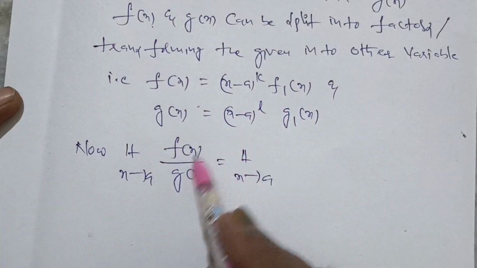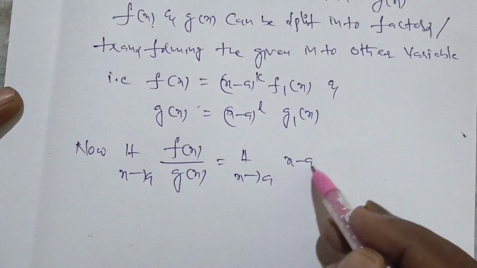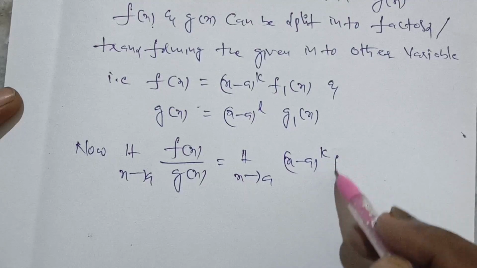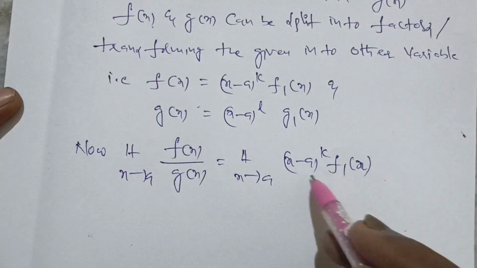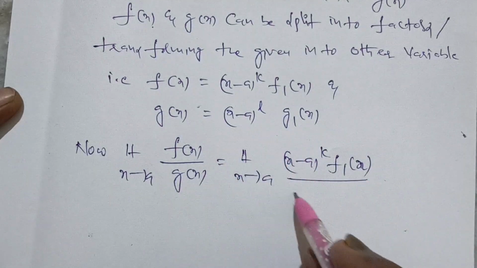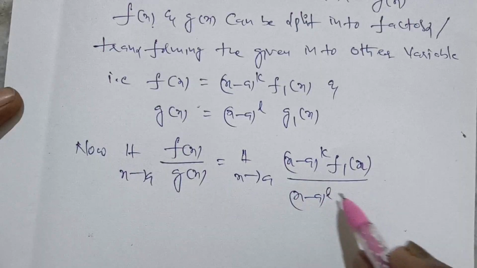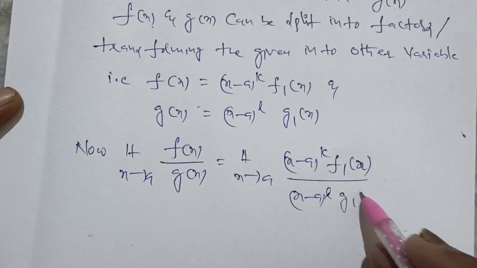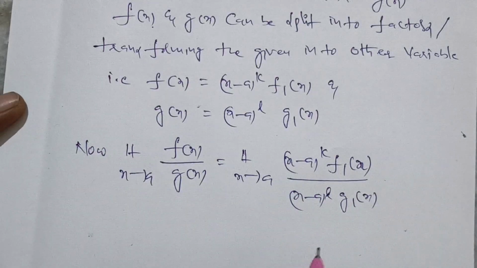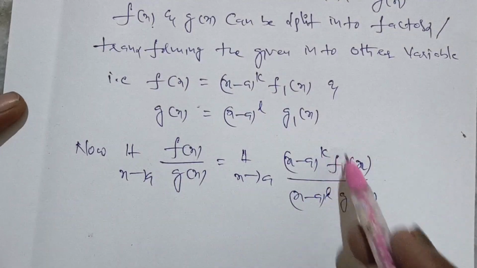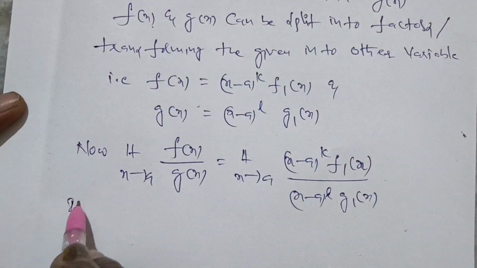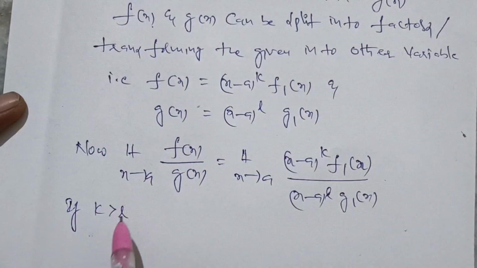Then the given problem, limit x approaches a of f of x by g of x, can be written as limit x approaches a of x minus a whole power k into f1 of x by x minus a whole power l into g1 of x. Now here x minus a is a common factor for numerator and denominator.